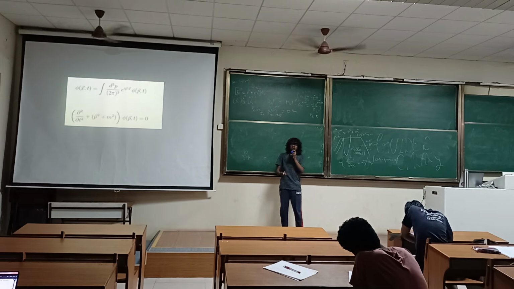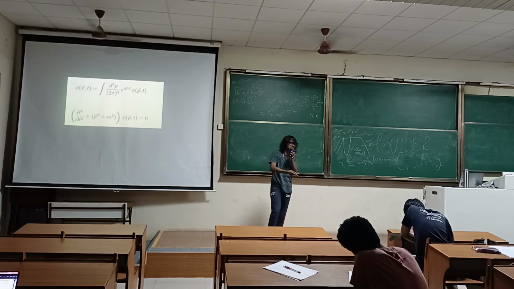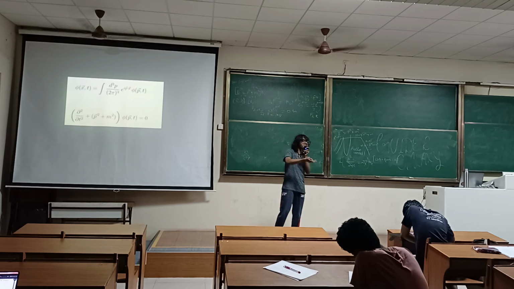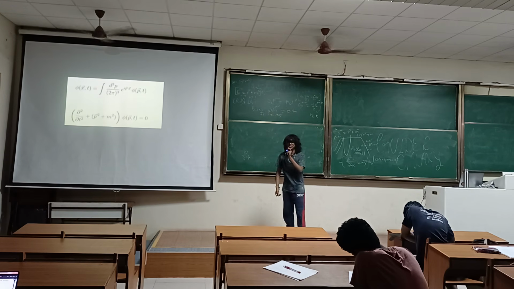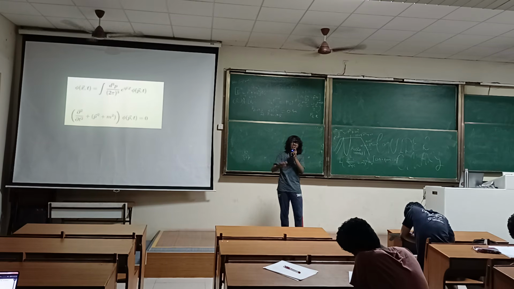Now I want to quantize my classical field. Quantizing a free field is equivalent to quantizing all such harmonic oscillators, right? Quantizing harmonic oscillators is easier than quantizing these fields.